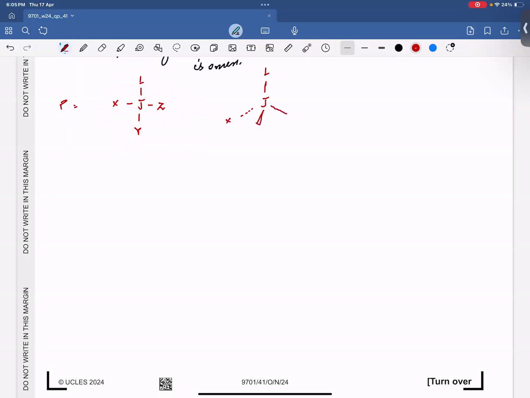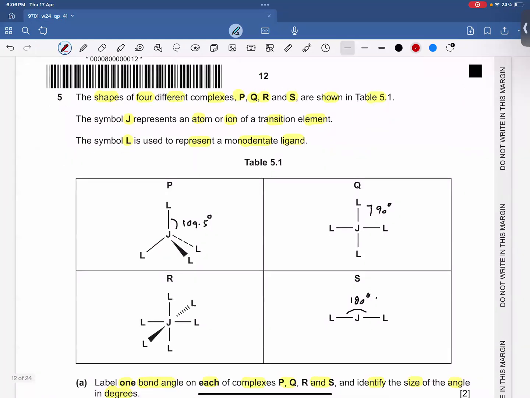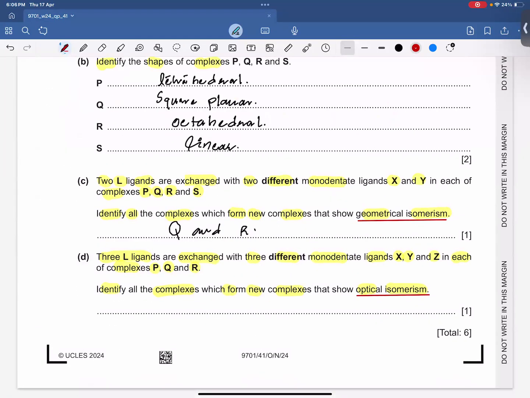L, X, Y and Z. ये इसका मिरर इमेज आ गया. This is L, this is X, this is Y, this is Z. Okay. So P shows optical isomerism just like chiral carbon.